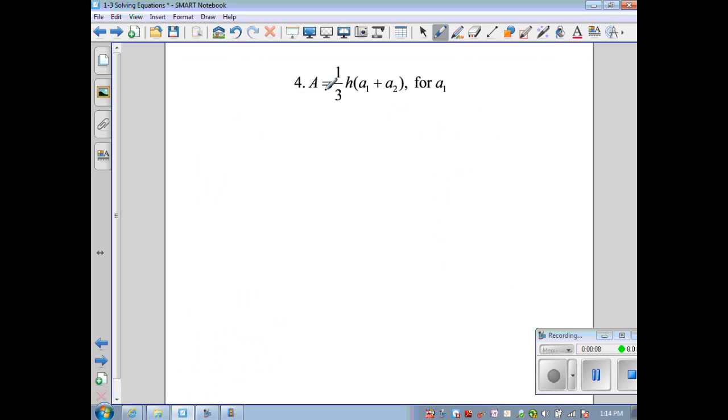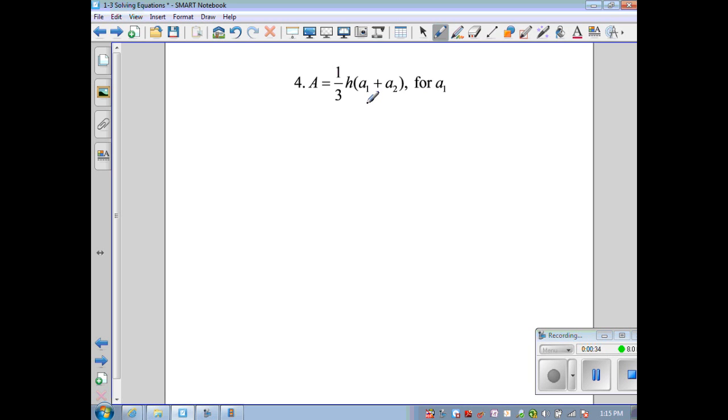Example 4, A equals 1/3 h, a sub 1 plus a sub 2, we're solving for a sub 1. These are not like terms, even though they're both a's. Remember, even the exponents and the subscripts have to be exactly the same for them to be like terms. We could distribute and then eliminate the terms that we don't want, such as the ones that aren't a sub 1, and then divide or multiply to get my coefficient to be a positive 1.